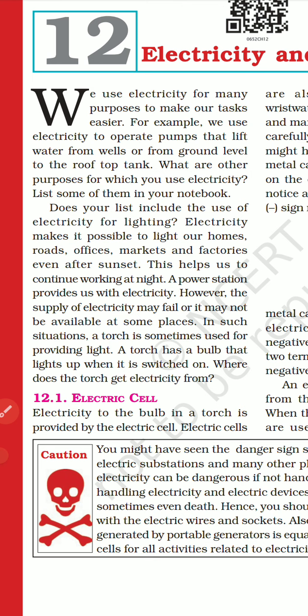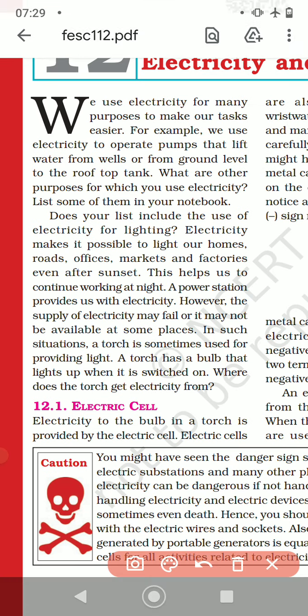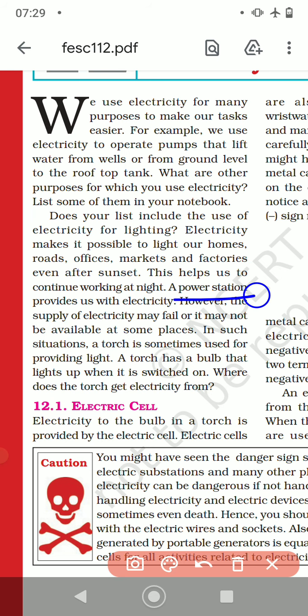Now tell me, how does the torch get electricity? Usually we get electricity from the power station, isn't it? But how does a torch get electricity? It gets electricity from the electric cell, isn't it? So let's study the electric cell.